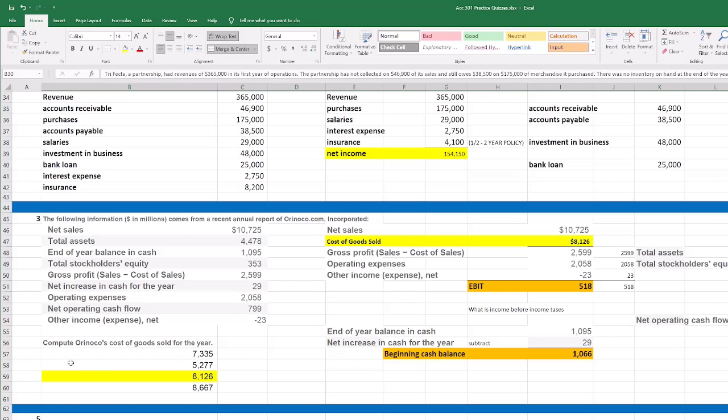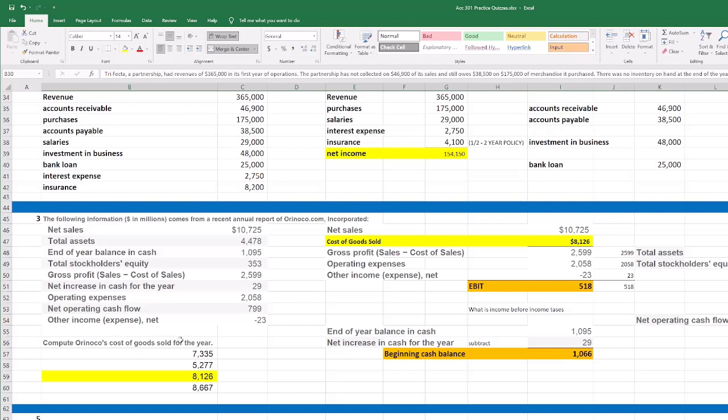So what does it want to know? The first thing it wants to know is cost of goods sold for the year. As I was trying to, basically I copied this all over, and then I started getting rid of everything I didn't need, and then it was like, duh. Net sales minus gross profit, the difference is cost of goods sold. So this is disgustingly easy. Depending on what it's asking, there's a lot of information here you do not need, right?